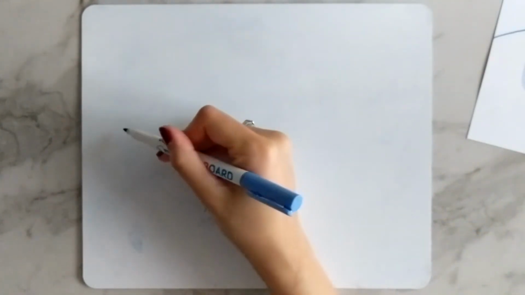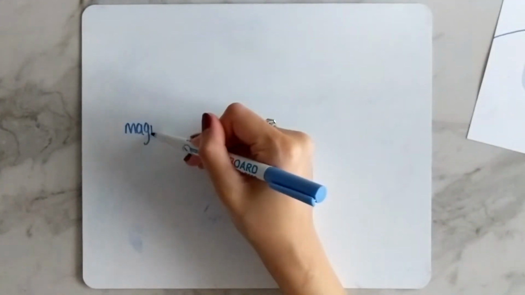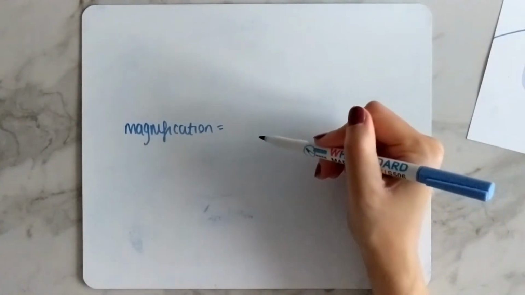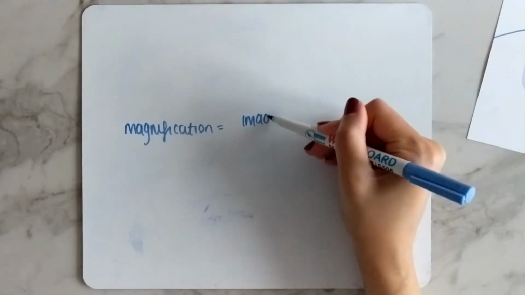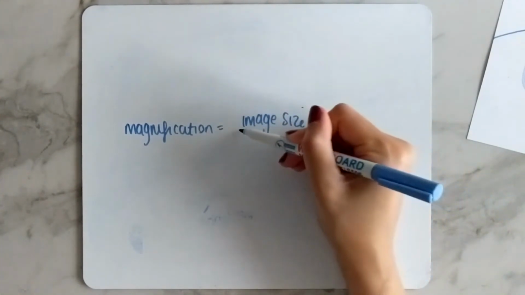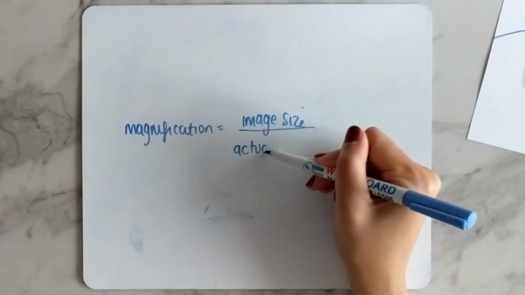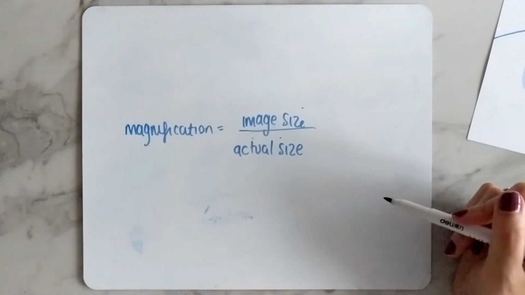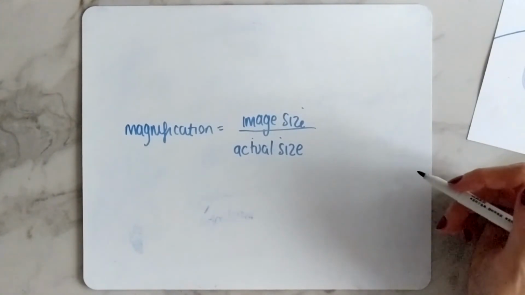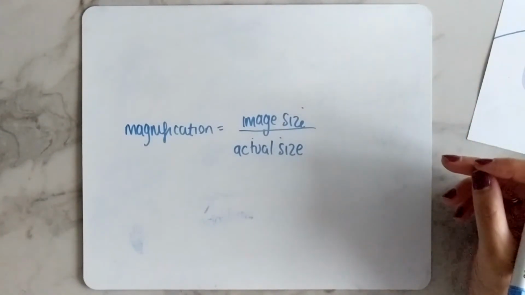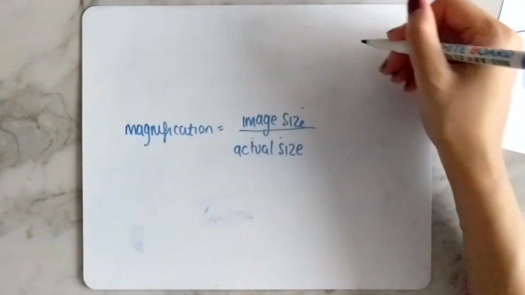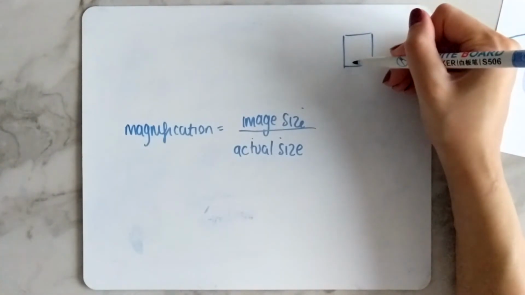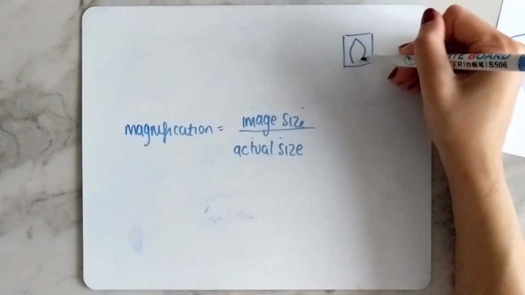So magnification equals image size divided by actual size. I'll just explain what these mean. So image size is the image you get on your piece of paper. So in the question there might be a little box and there might be a picture of like, I don't know, like a leaf.